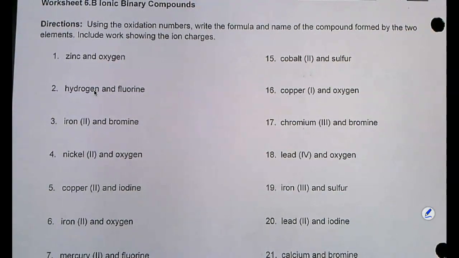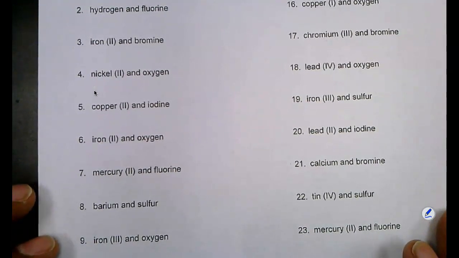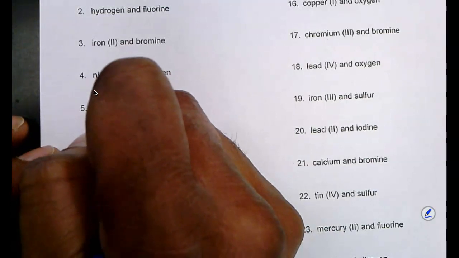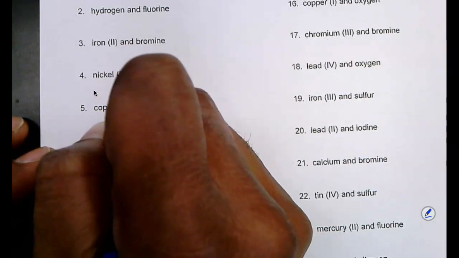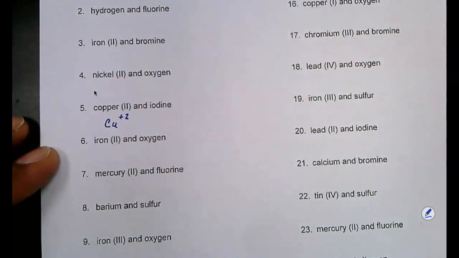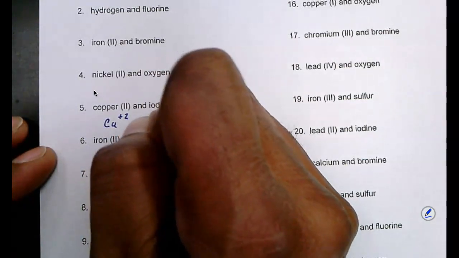Let's do number 5. 5 says copper, Roman numeral 2, okay, and then iodine. So we're going to do copper, and it gave us the Roman numeral 2, so that's a plus 2. Whenever they give you Roman numerals, they're always positives, and then iodine is a negative 1.